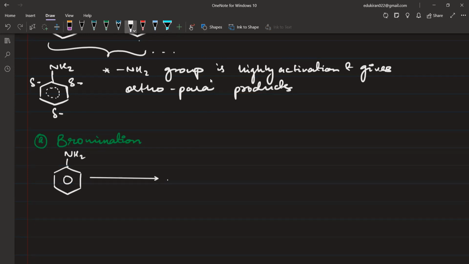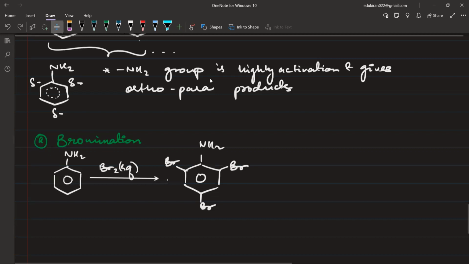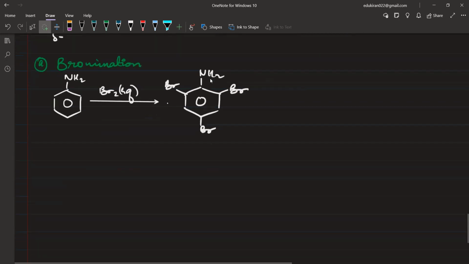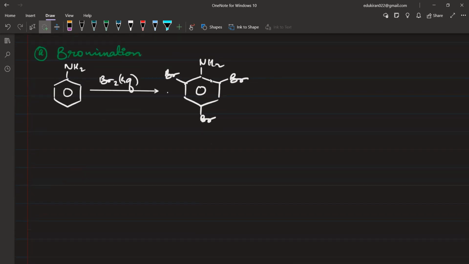Aniline will react with aqueous bromine, bromine water, and we get a tri-substituted product. Br in the ortho, Br in the para, and Br again in the ortho position. What are we getting? We are getting a tri-substituted product. Why? Because it is highly activating, and all the ortho and para positions get bromine at once.